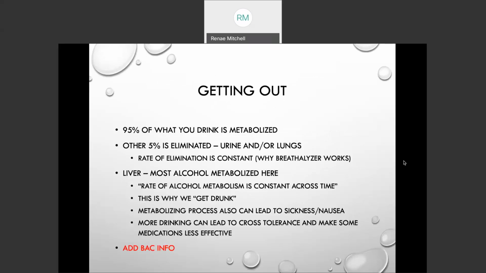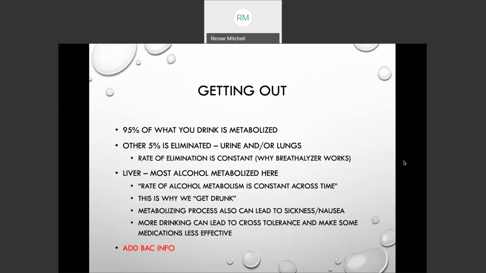So, how alcohol is eliminated is it's metabolized through the body. 95% of what is consumed is metabolized. The other 5% is eliminated, and so it leaves the body through urine or the lungs.